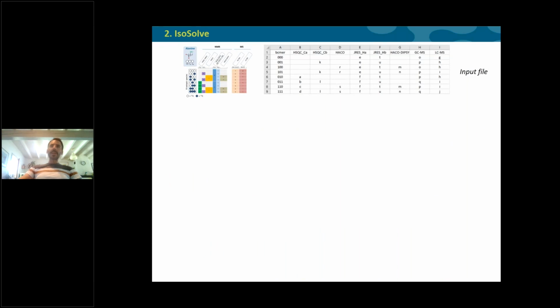The input file is quite simple. It's just an Excel file or a tabulated file where you enter the measurements that you can obtain through each of the analytical methods, exactly as in the table I showed you before.